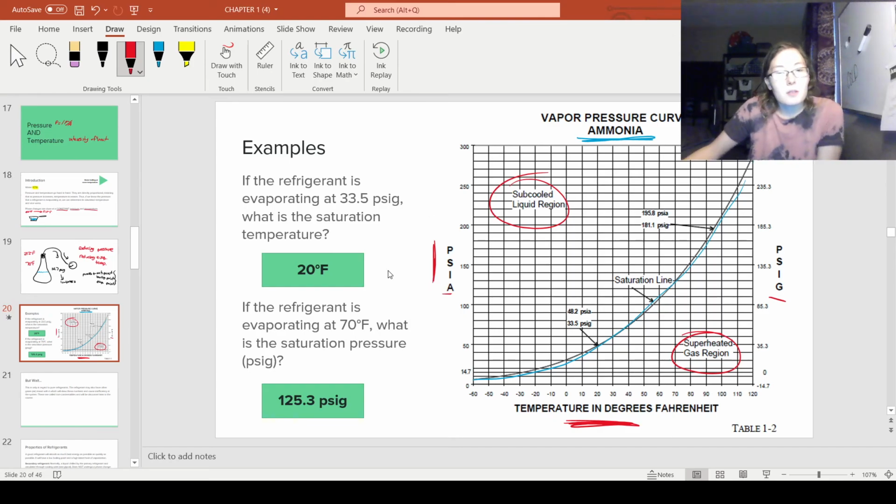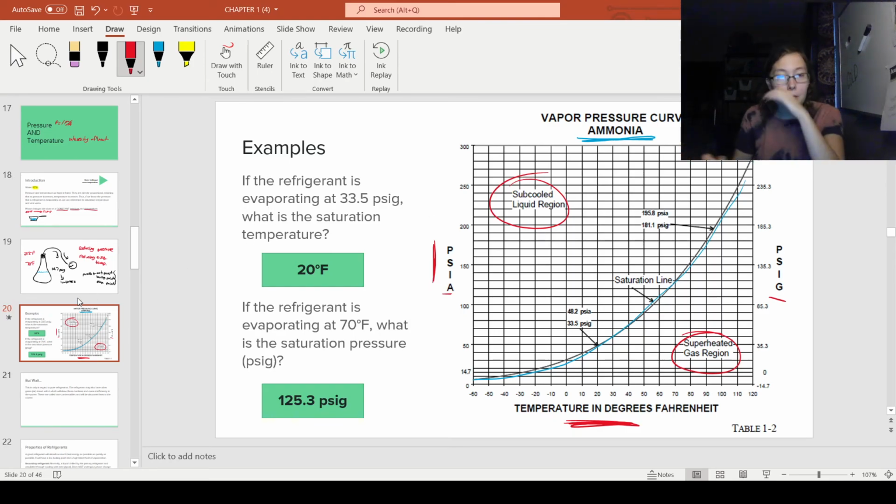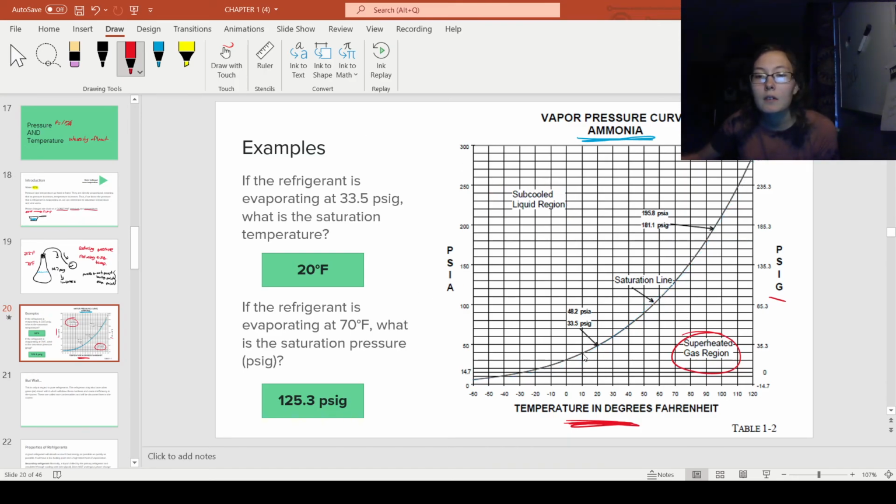So let's answer some example questions with that. If a refrigerant is evaporating at 33.5 psig, so if ammonia is evaporating at 33.5 psig, what is the saturation temperature? So we know 33.5 psig. Let me erase all these doodles I made. Might be a little hard to see this. But either way, 33.5, make sure we're on psig.